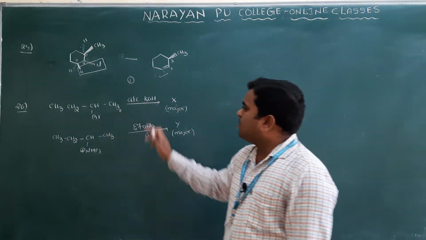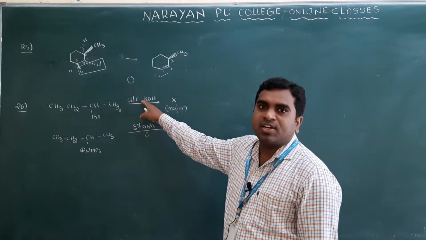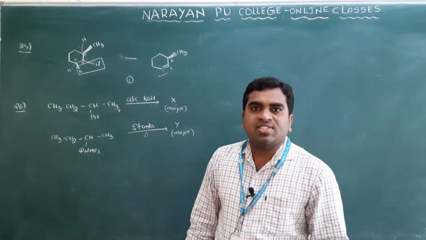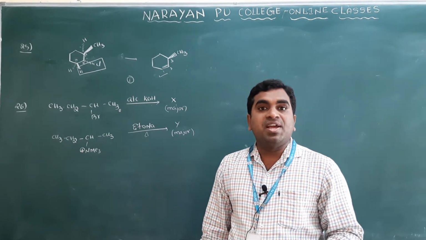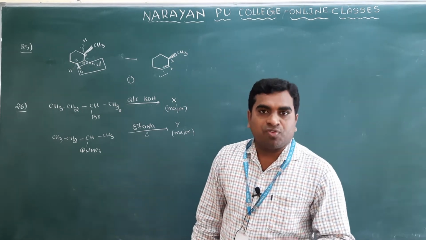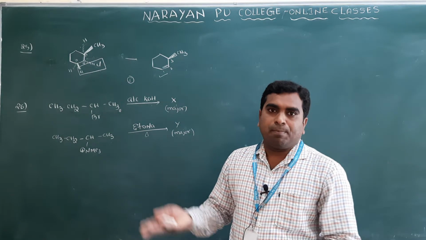Simple, you already know this is an alkyl halide, and the reagent is alcoholic KOH. Whenever alcoholic KOH and alkyl halides are there, it is an elimination reaction. Elimination reaction follows the Saytzeff rule. According to the Saytzeff rule, highly substituted alkenes are the major product.